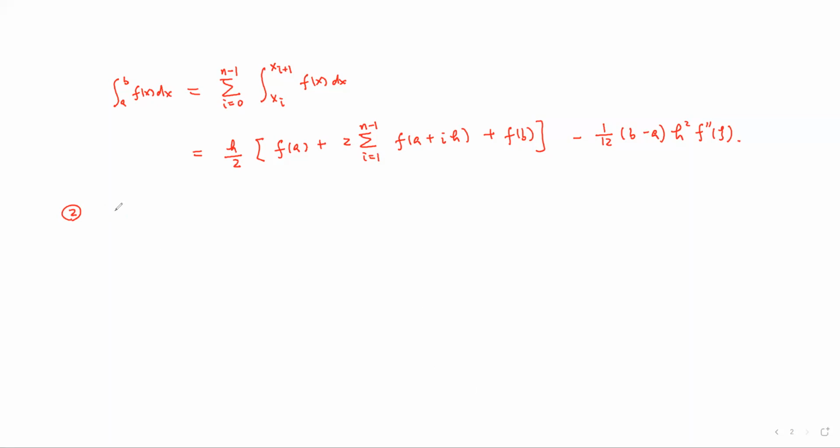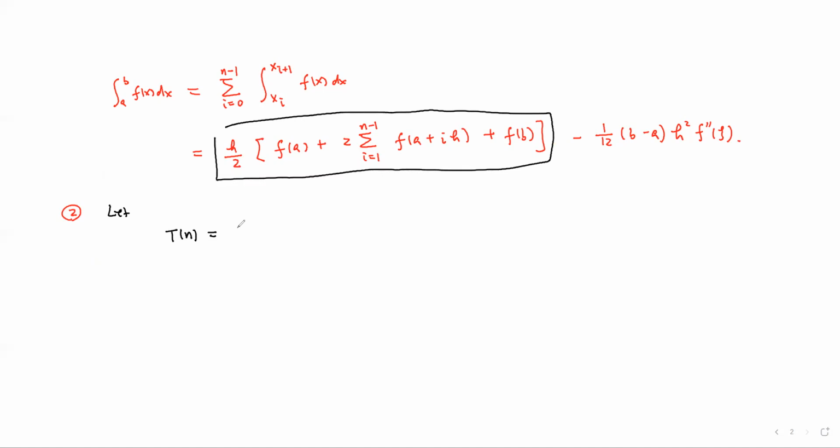Let me let Tn be this part, below this number: h over 2 times f(a) plus 2 times the summation i from 1 to n minus 1 of f(a plus i h) plus f(b).